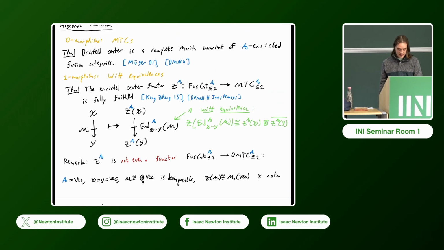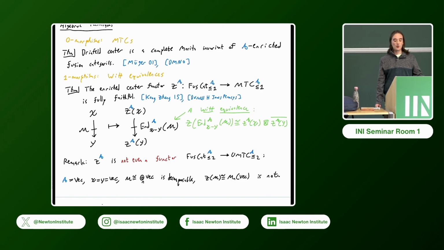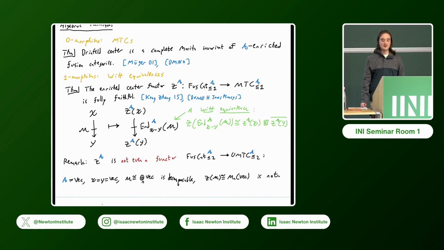One-morphisms. Instead of looking at bimodules between fusion categories, I can look at Witt equivalences between modular tensor categories. So what is a Witt equivalence? If I have a bimodule category M between fusion categories X and Y, I can look at the X-Y bimodule functors of M, and that is a bimodule category between the center of X and the center of Y, and it is also a fusion category in its own right.